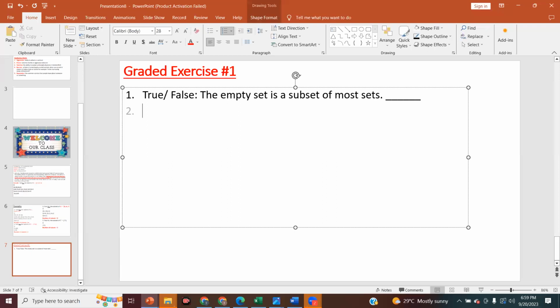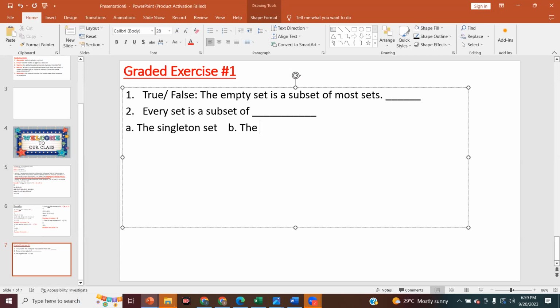Number 2. Every set is a subset of blank. A, the universal set, the singleton set. B, the universal set.